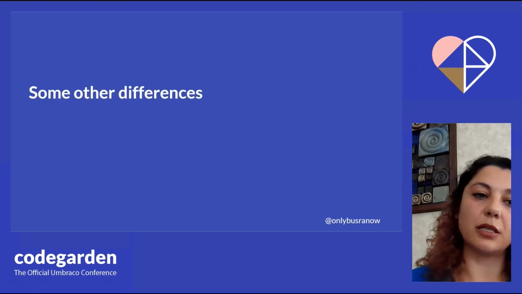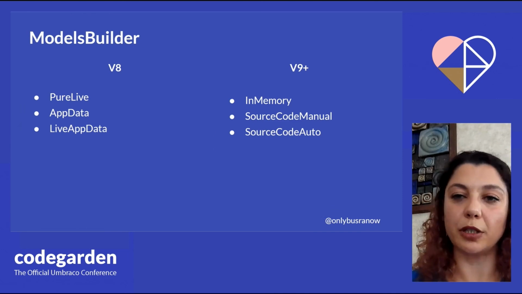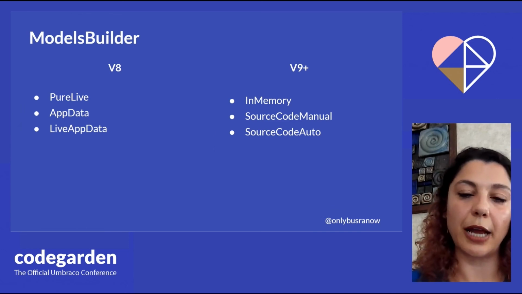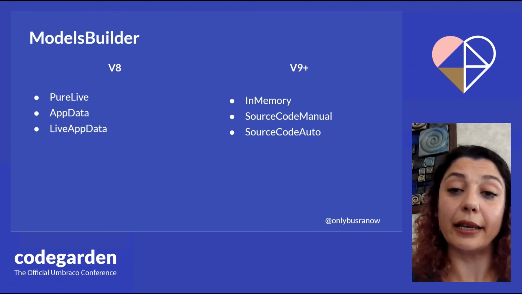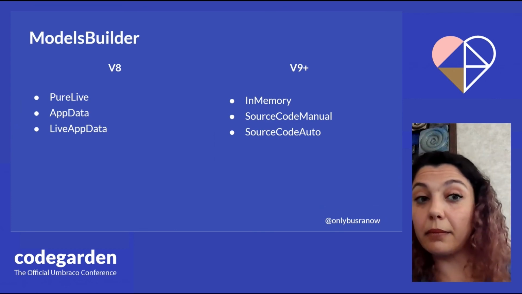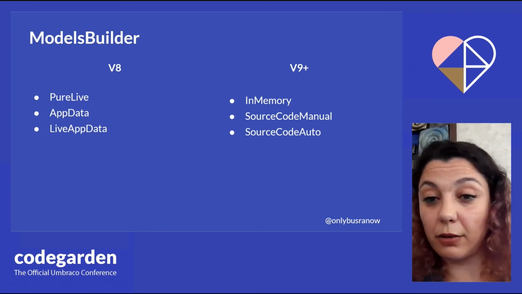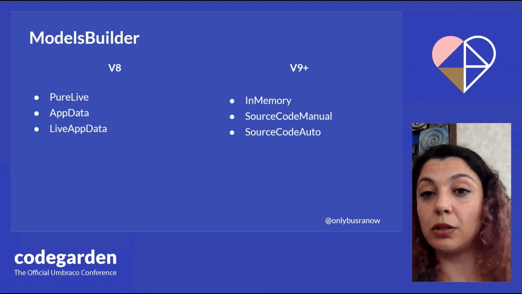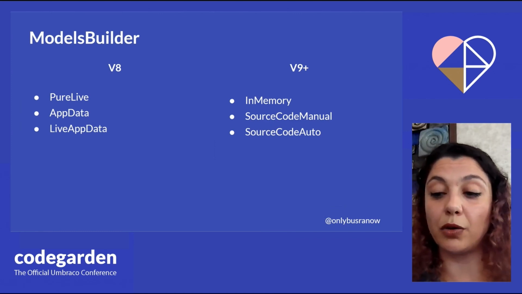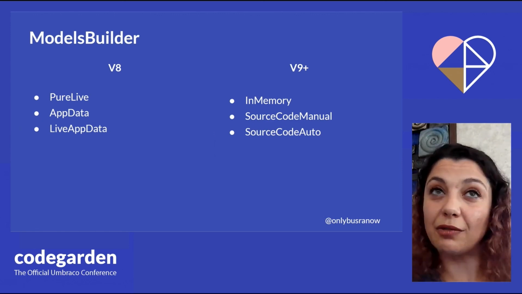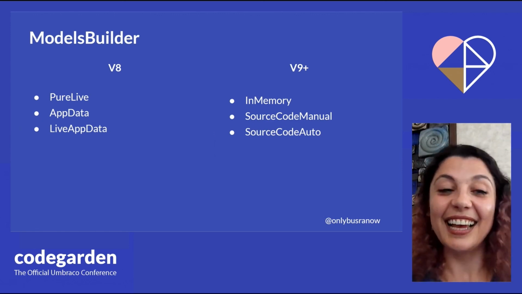Let's look at some other differences. We have Models Builder differences in here. For version 8, I can only tell you their names; I can't tell you what they do. PureLive mode is now InMemoryAuto mode, and the general advice is not to use it.